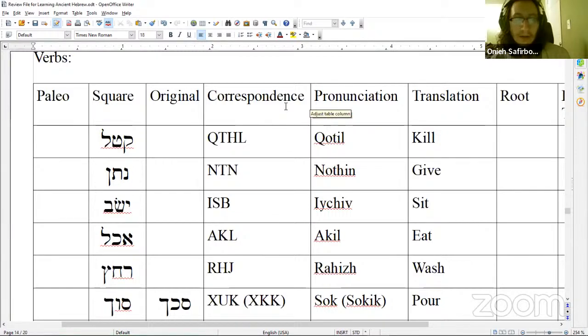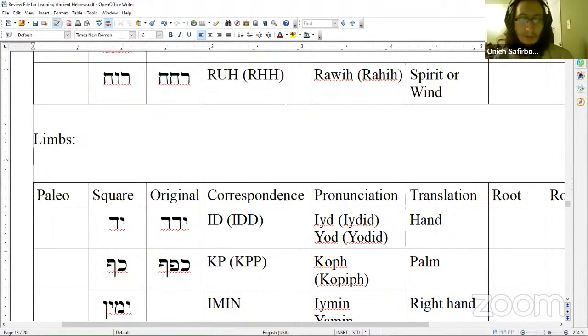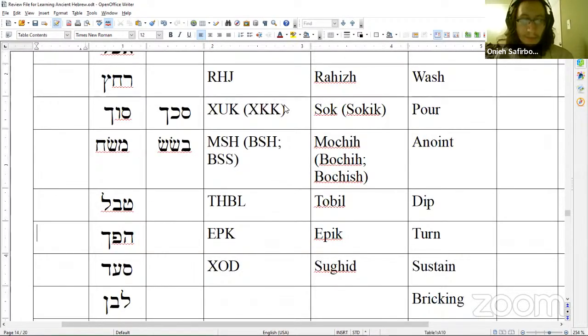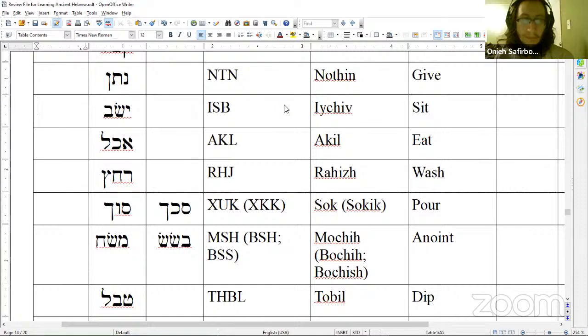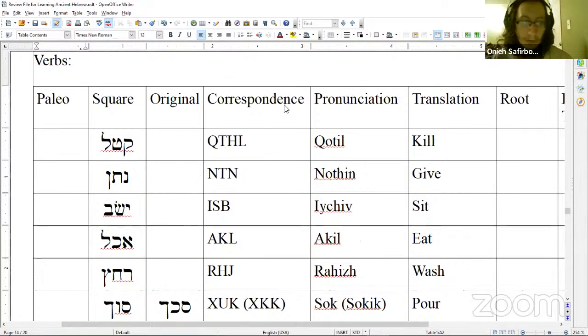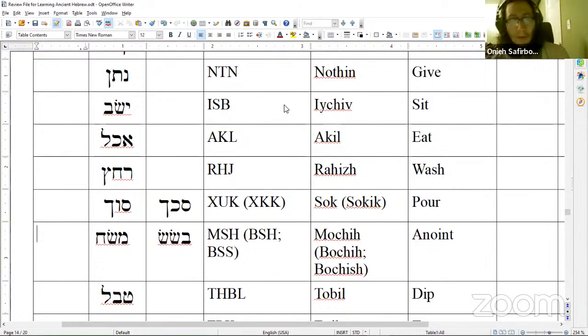Katil, kill. Nothing, give. Yashiv or Ichiv, sit. Akhil, eat. Rahij, wash.